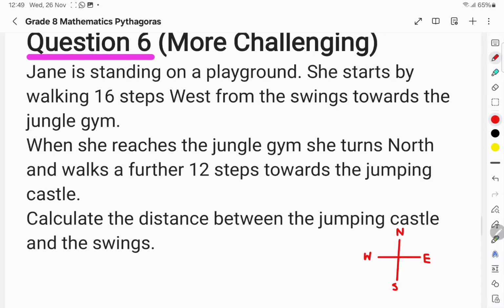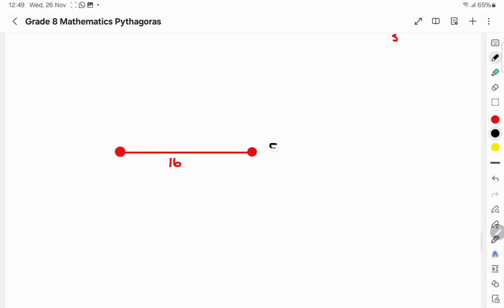She starts by walking 16 steps west from the swings to the jungle gym. So if this is the playground, this is where the swings would be, and she walks towards the jungle gym.